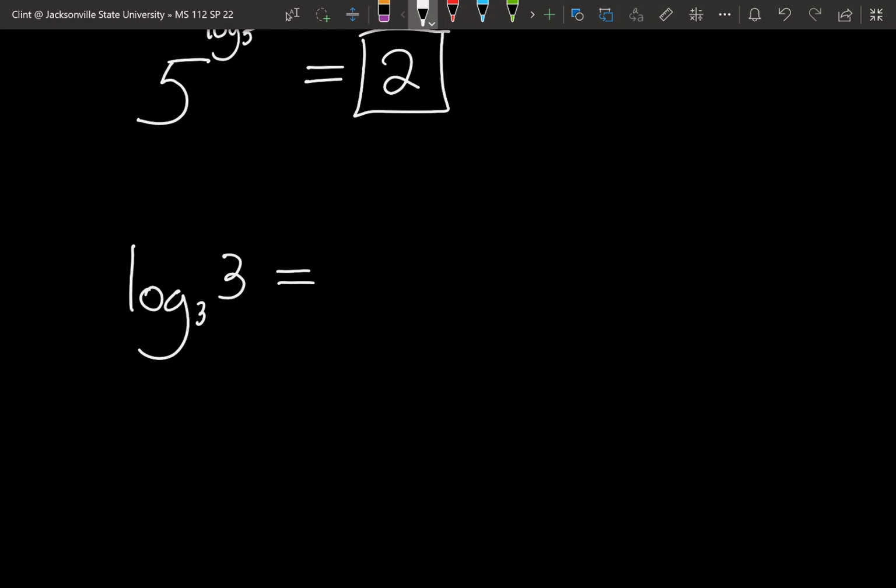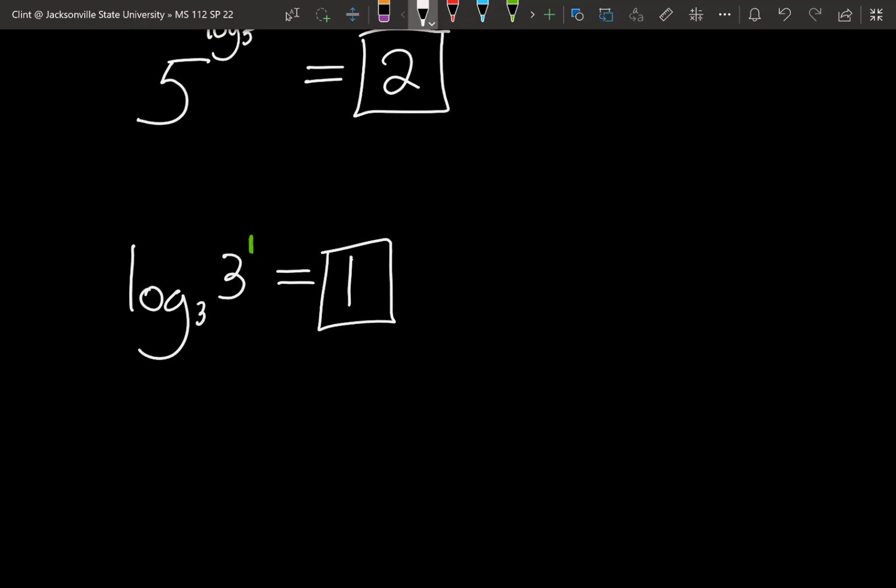What's that going to equal? The base of the logarithm and the base of the number inside the logarithm are the same. So they're going to cancel each other out, and it's just going to leave us with the exponent that we've got. On this one, our exponent is just a 1. So anytime you have log base some number of that number, you're going to get 1.